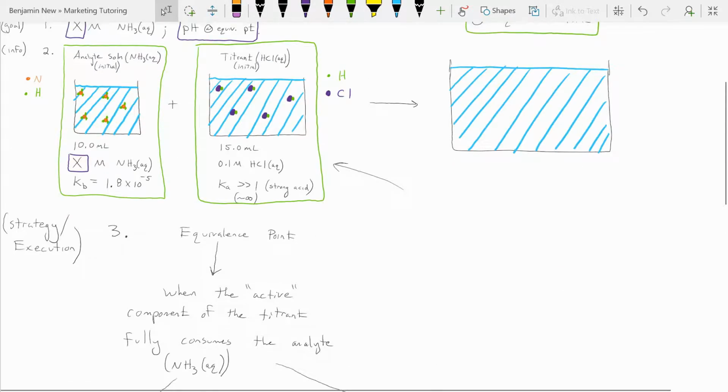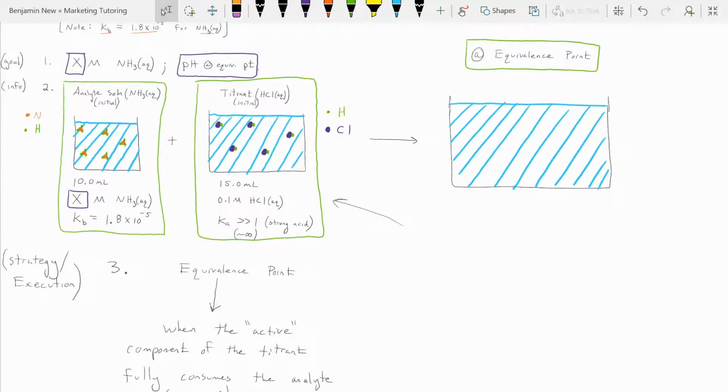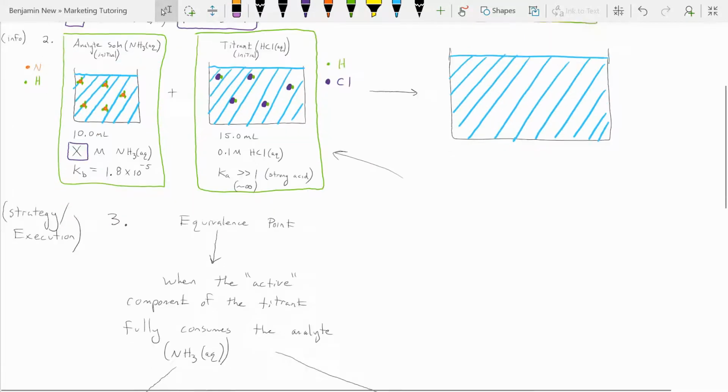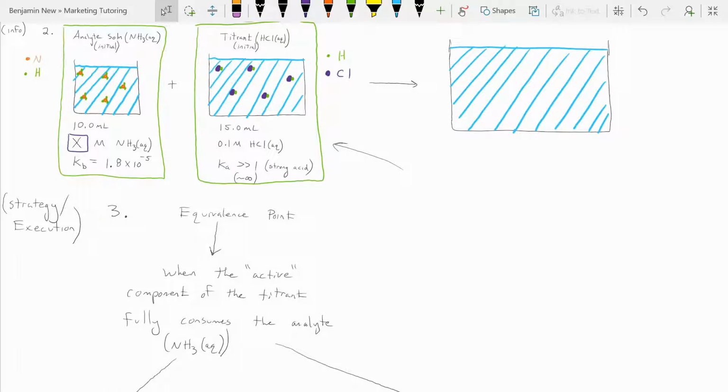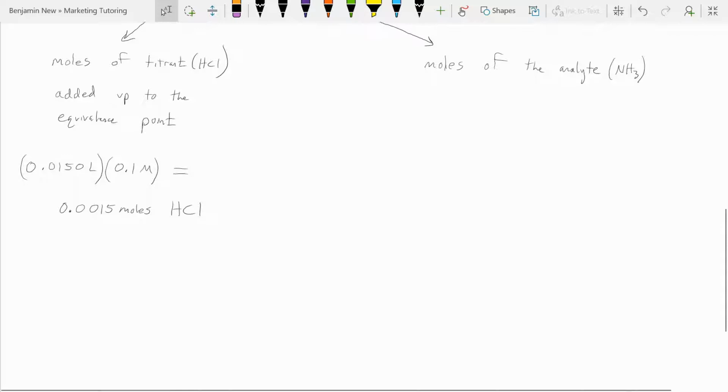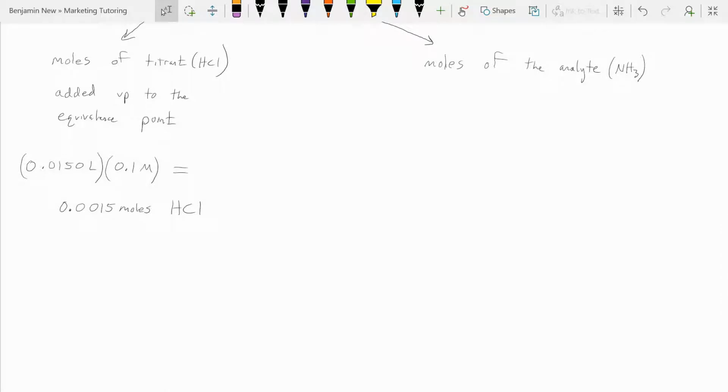So in the analyte, we have 10.0 milliliters and X molarity, or X molar, of ammonia. So we're going to have a variable here, but that's okay. So we convert 10.0 milliliters to liters, 0.0100 liters, and times X molar.